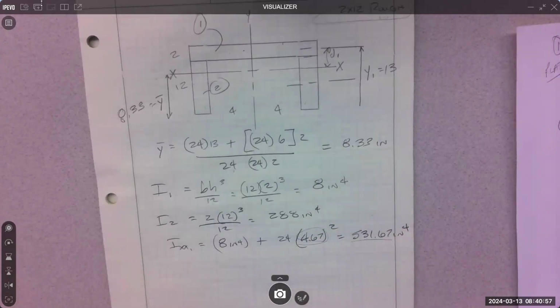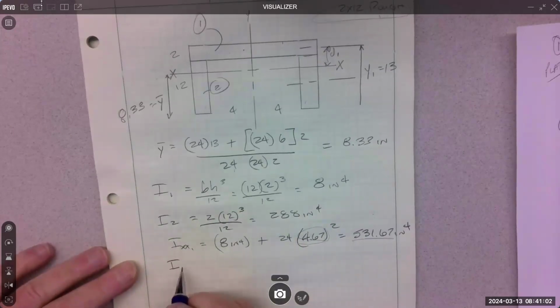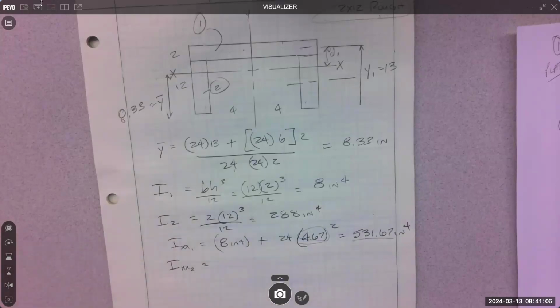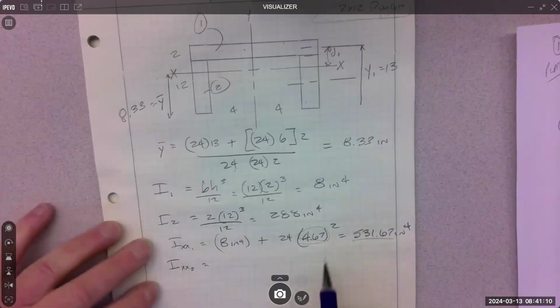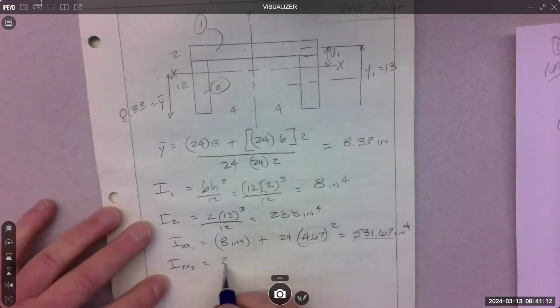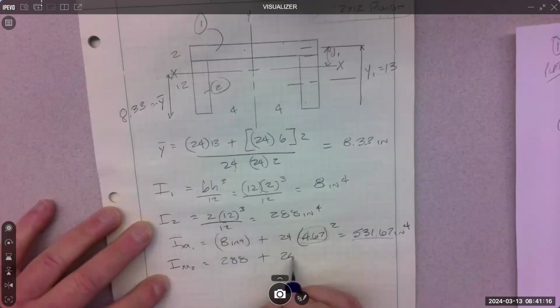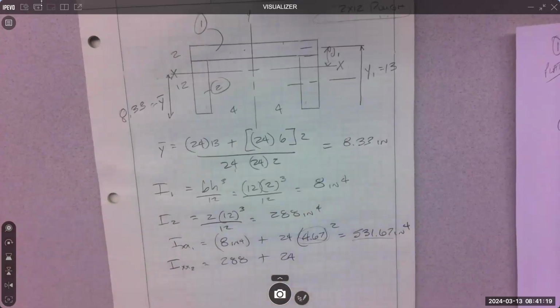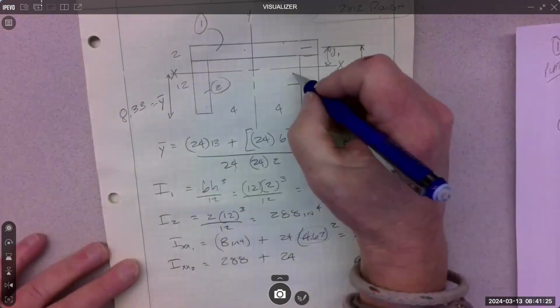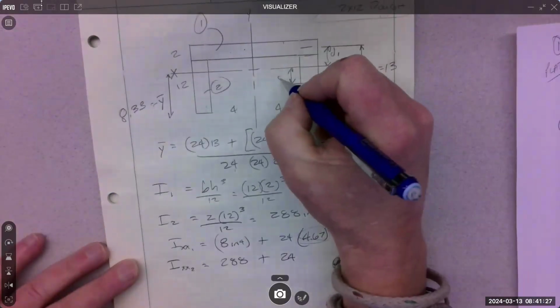All right, now we're transferring the second one. The inertia of the second one is 288, and we're gonna add to it the area, which is 24. I'm just doing one of them, then I'll multiply by 2. And then the transfer distance, D2.